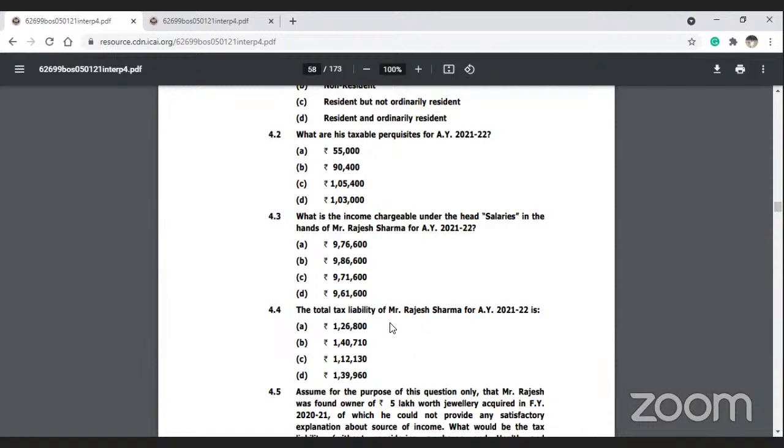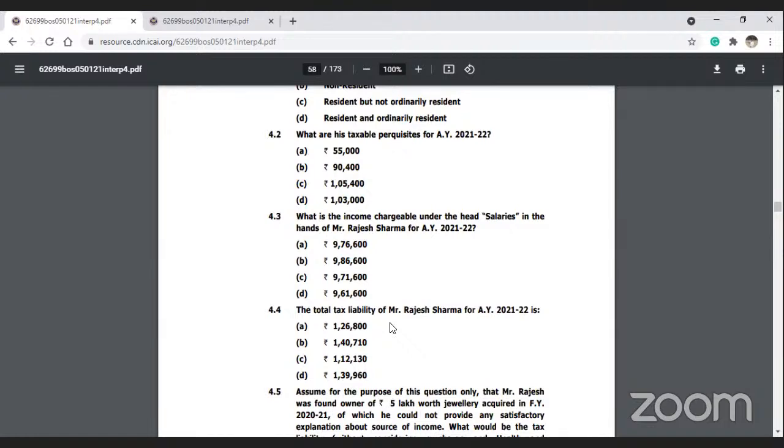STCG is 94,000. 94,000. 1,26,800. How did you get that? I'm getting 1,26,800.